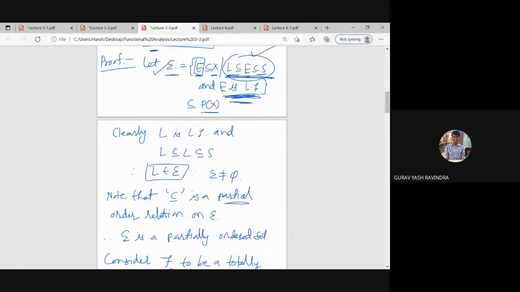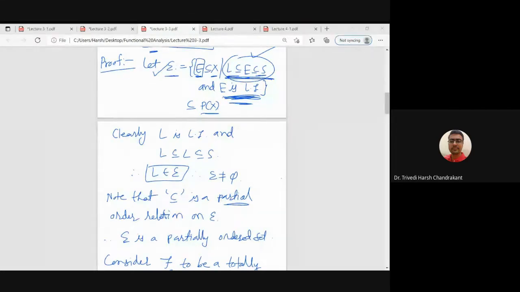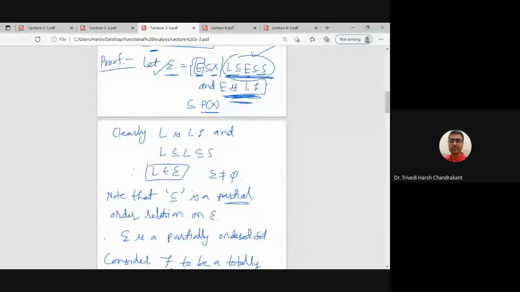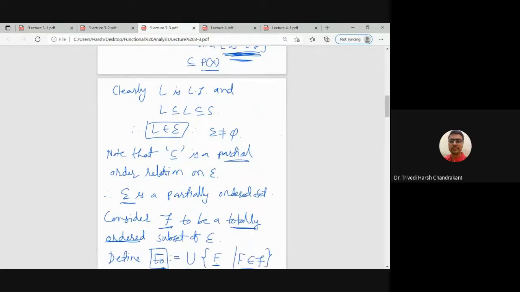Yeah, what did you say? E. E, right. So E is a partially ordered set, and in it F is a chain. F is a totally ordered chain, right? That is a subset of E.